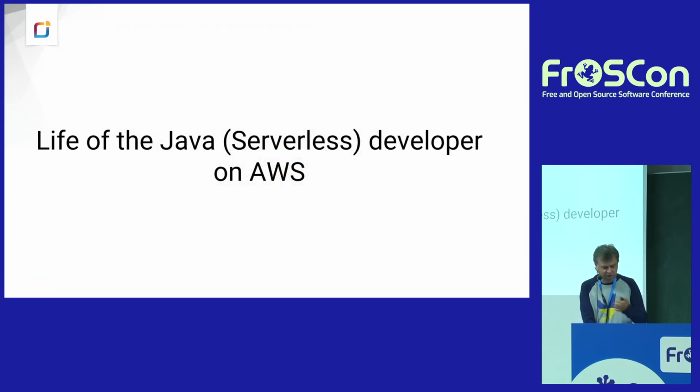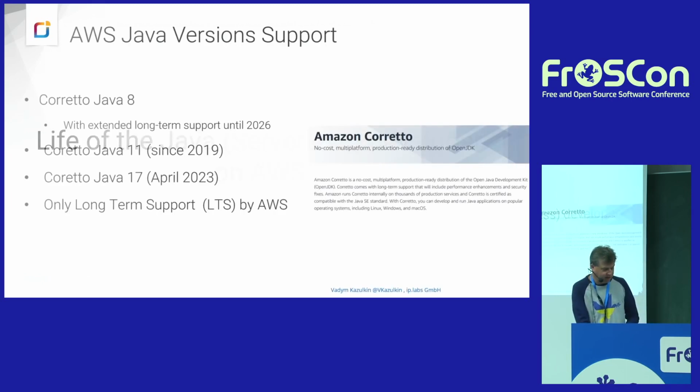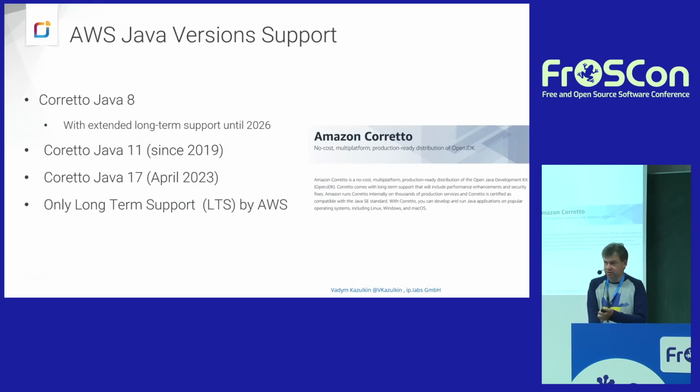But when we look into the Java serverless world on AWS, luckily we have had support for Java 17 for Lambda for 3 months now. It took 2 years for them to provide this support because they only supported Java 11. If you have Java 19 now, then only having support for 11 was not a very lucky situation.